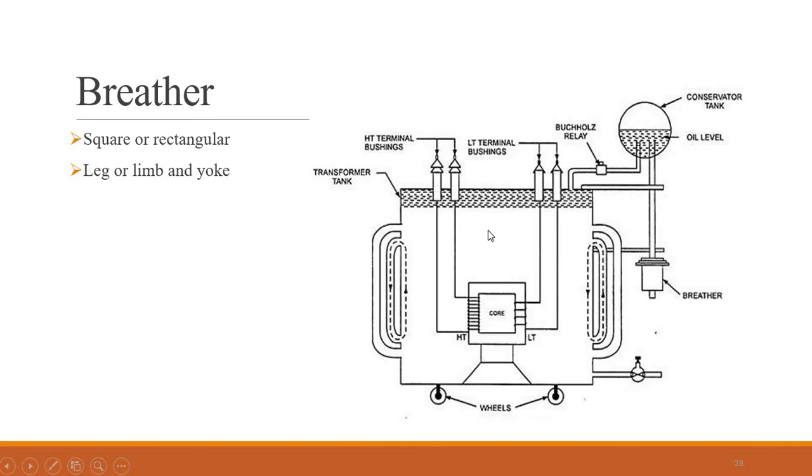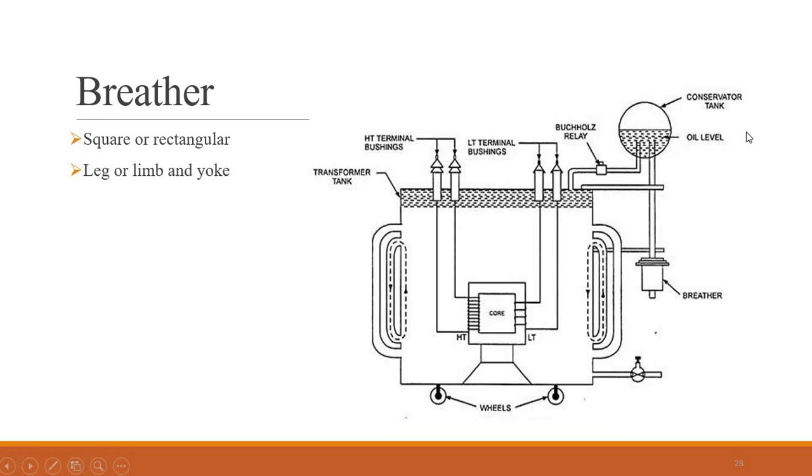When the oil expands and comes to the conservator tank, the air has to go out from this conservator tank, so the breather will pass this air to the outer atmosphere. When oil contracts, the level will go down in the conservator tank, and this upper portion will be filled up with air. So outer atmospheric air will come inside to this conservator tank.